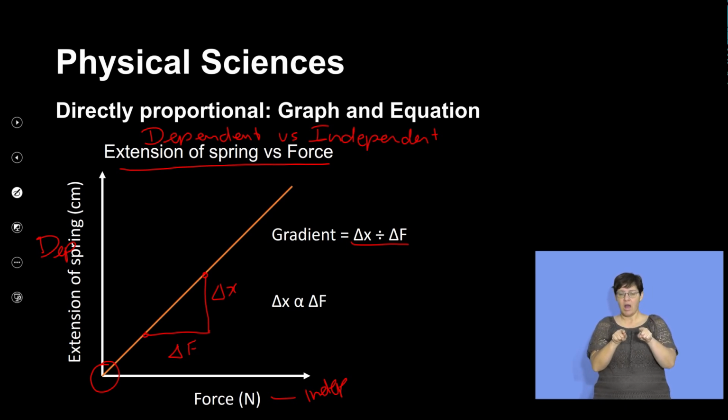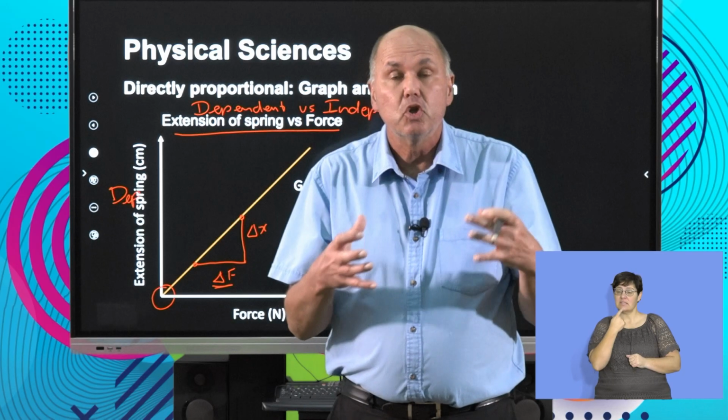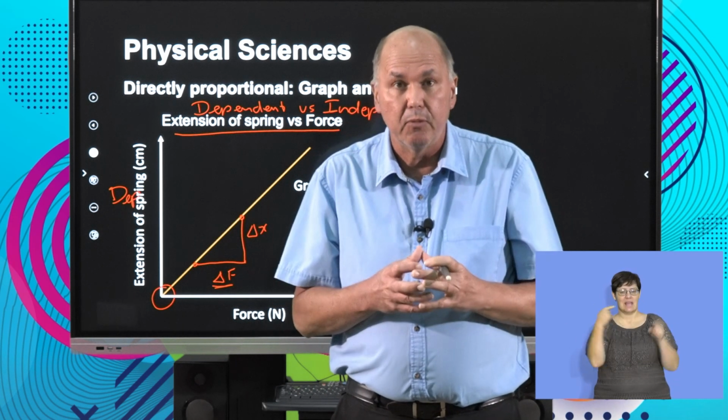In the end, we're going to take the value for the dependent variable and divide it by the value for the independent variable. And because of the graph structure, we've got the change in x is directly proportional to the change in F, or simply x is directly proportional to F. This little alpha sign says, in shorthand, directly proportional.